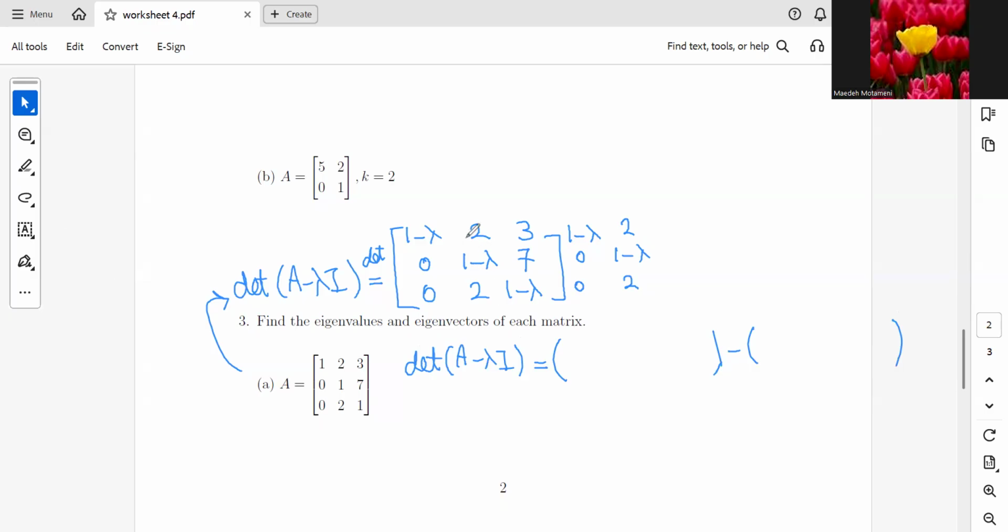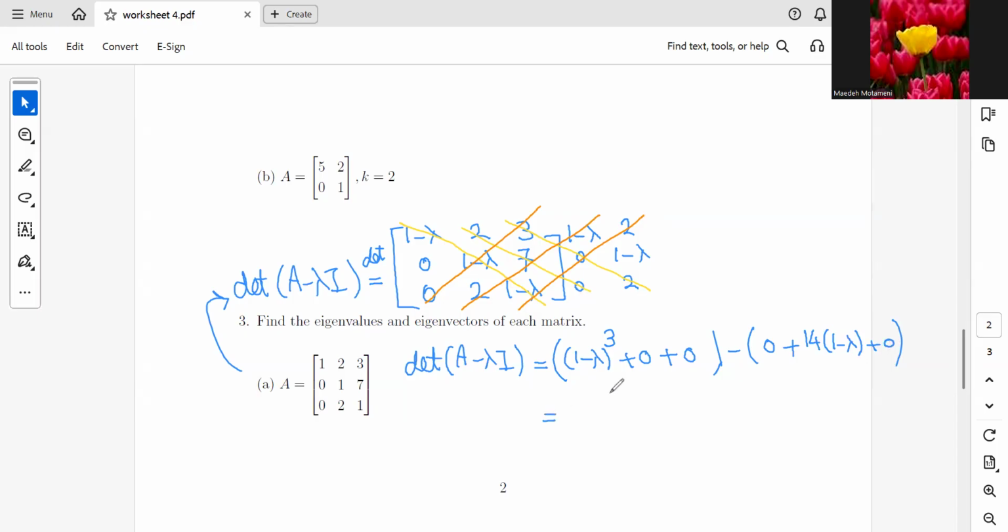For the first one, it will be multiplication of these, which is 1 minus lambda cubed plus 0 plus 0. And the next ones are these, which will be 0 for the first ones. For the second ones, it will be 14 times 1 minus lambda. And the last one is 0.